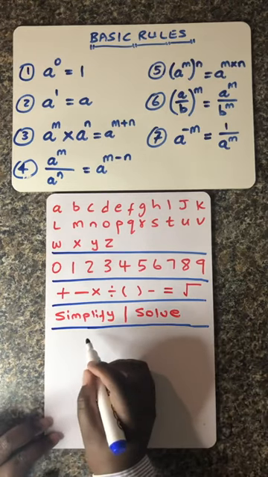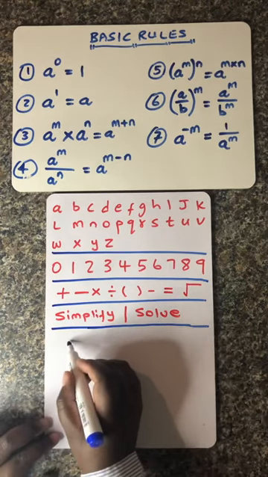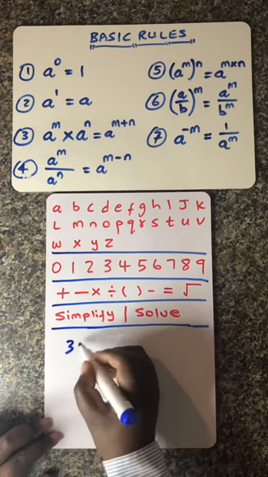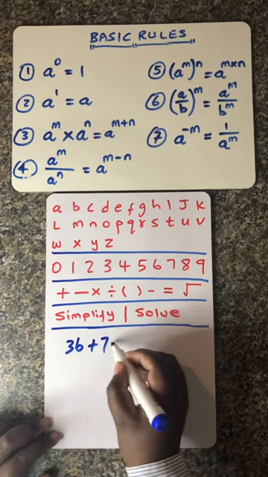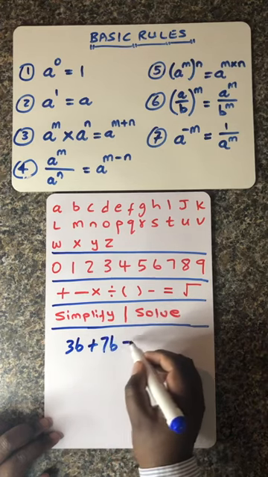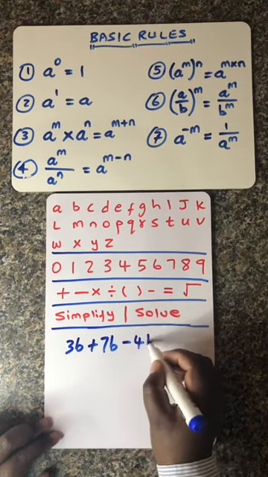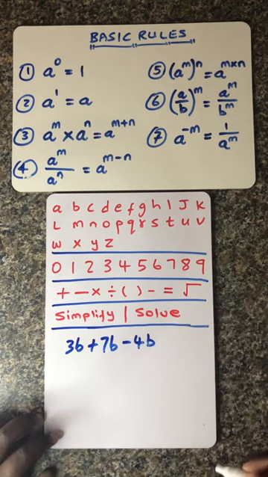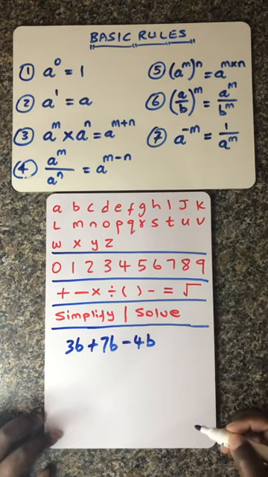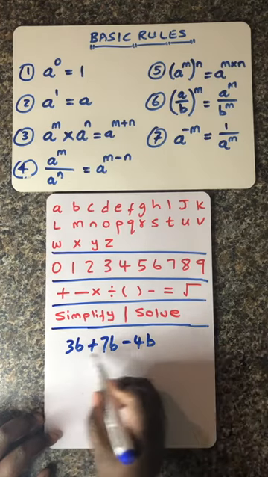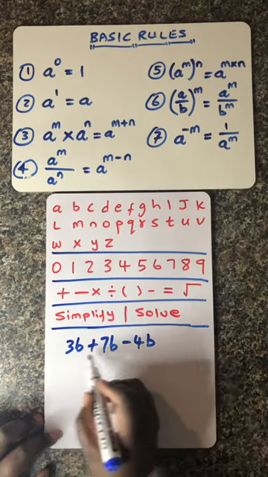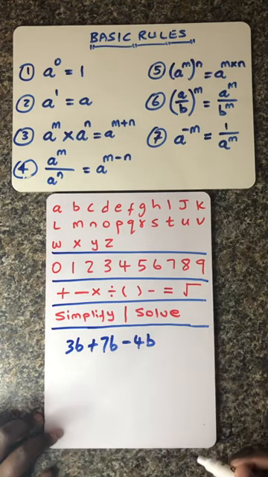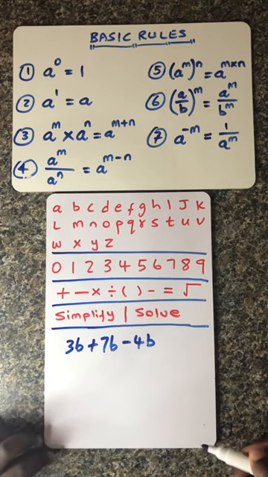So let's say we have 3b plus 7b minus 4b. Okay, a question that I would pose to you is, is this an expression or an equation? Have a look at this given mathematical expression.